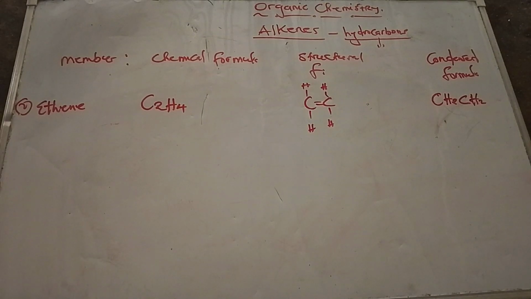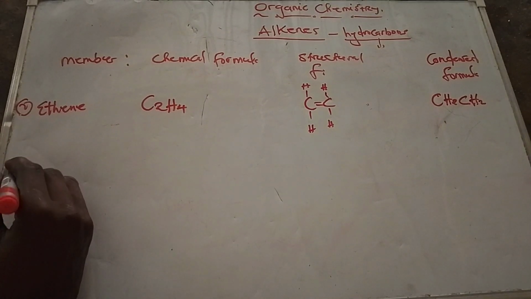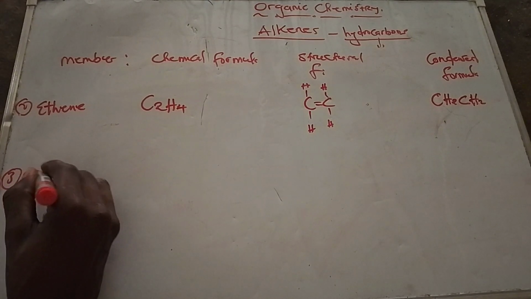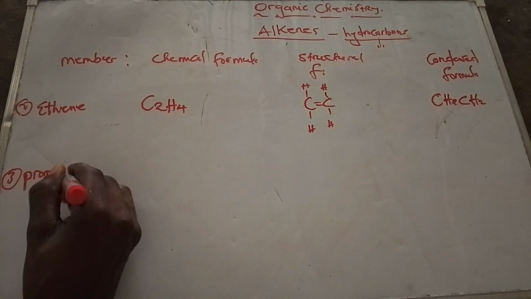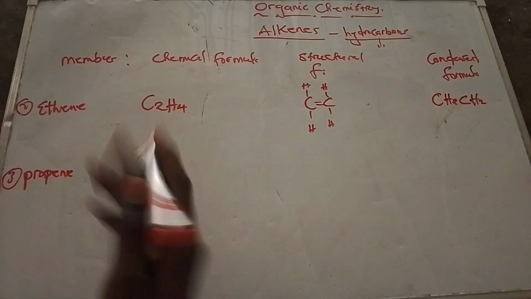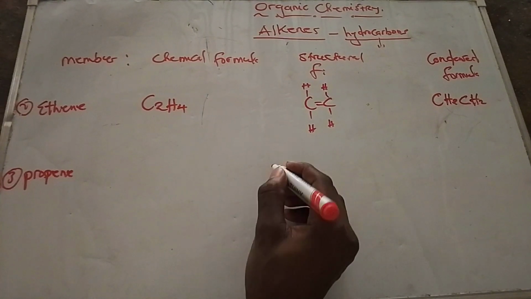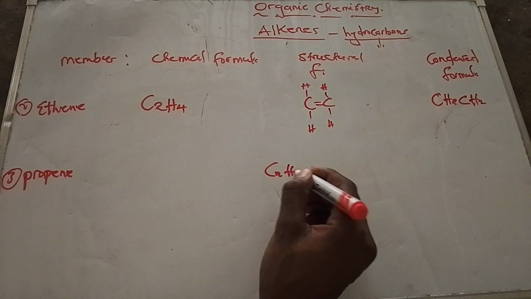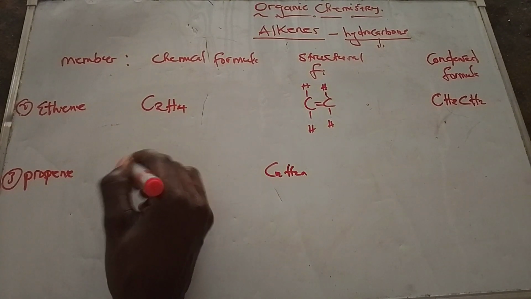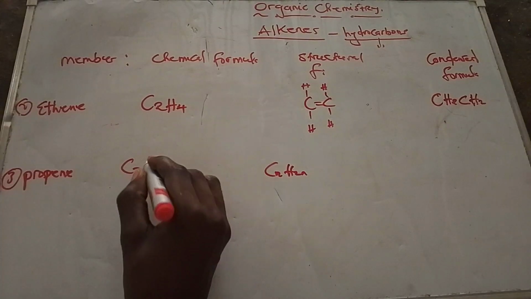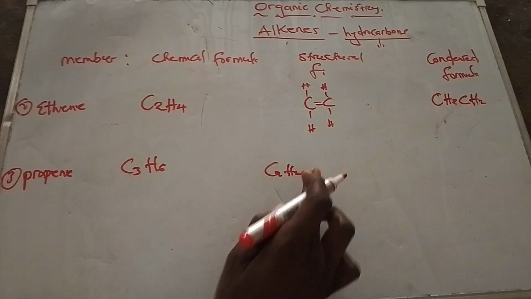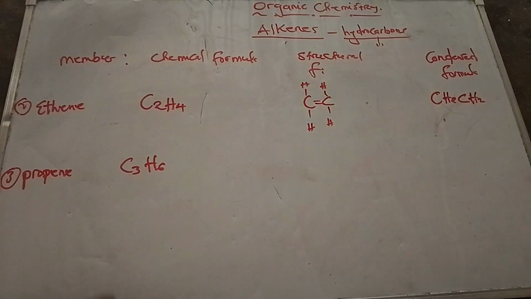Let's make another one, the third one, propene. Others pronounce it as propene, others propane. The same thing, we have CnH2n. Where there is n, we put 3. So we get C3H, 3 times 2, you get 6.